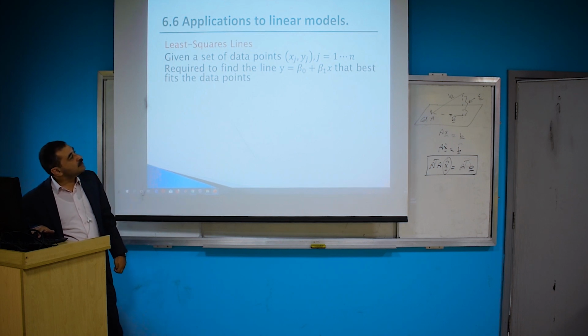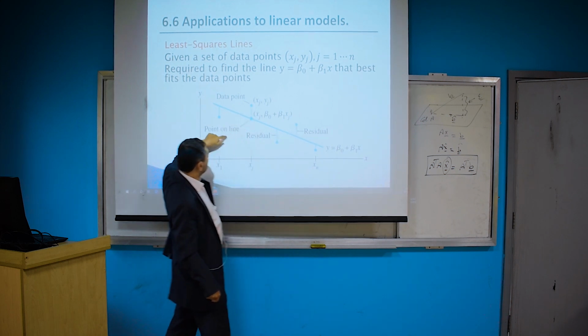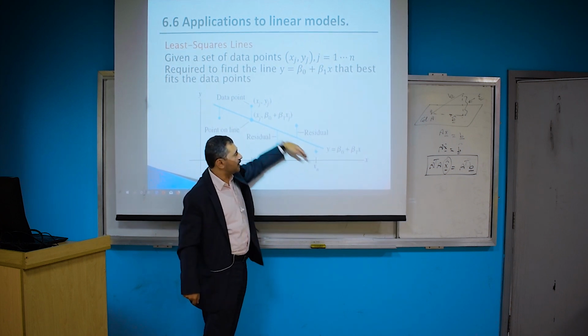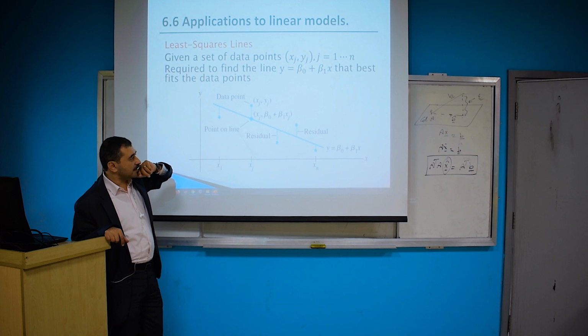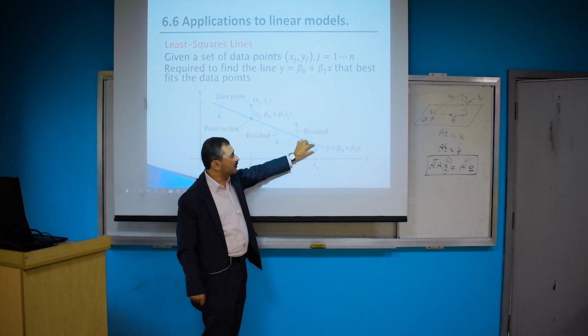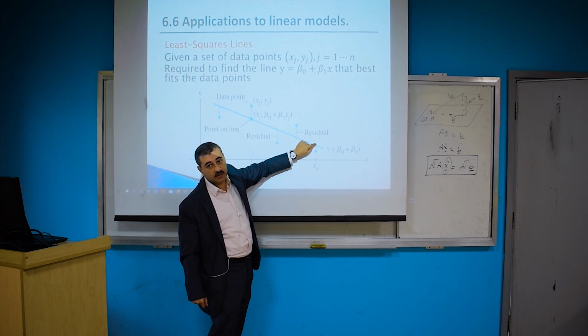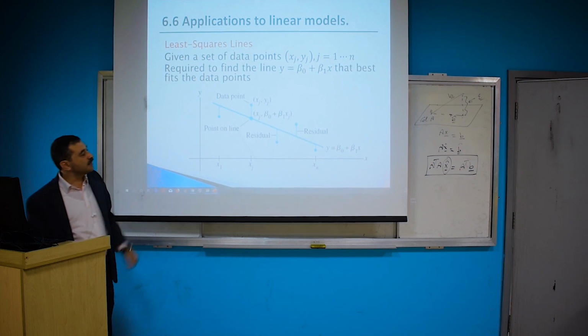Okay. So if you plot, for example, the points, you get something like this. So these are the points and you want to find the straight line that best fits your data, such that to minimize the error between the data point and the corresponding point on the straight line. Okay, so this is my objective.